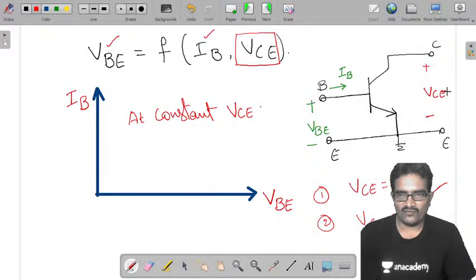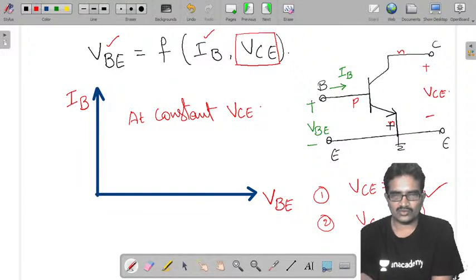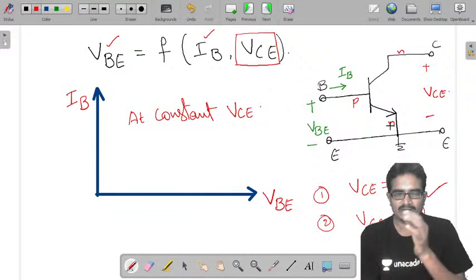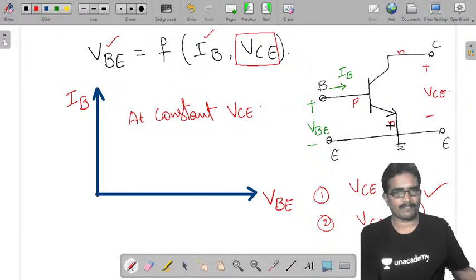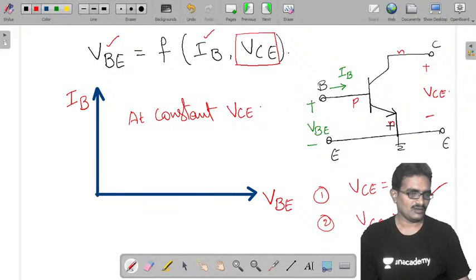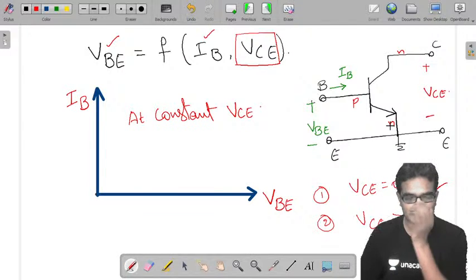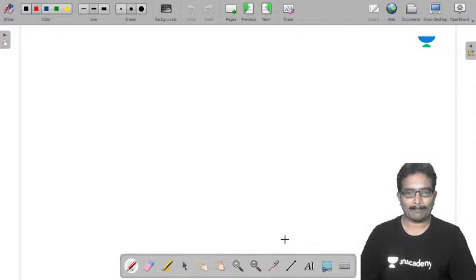And one more thing, sir, this is an NPN transistor we are using. So now we go and draw the input characteristics of the transistor. I'm going to draw it. So this is the plot.